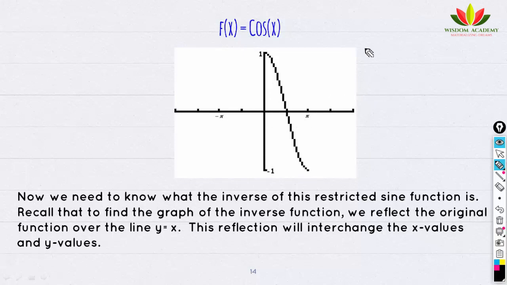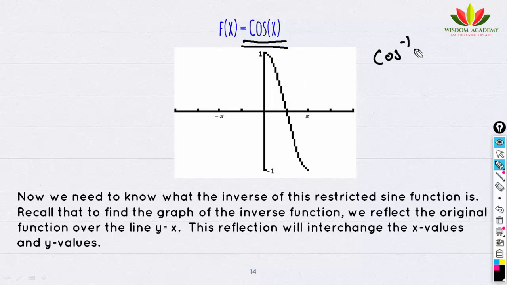If you remember, in sine we kept minus pi by 2 to positive pi by 2, and now here it is from 0 to pi, with no repetition of values. Now this is a cos function which is bijective. But I want cos inverse of x.